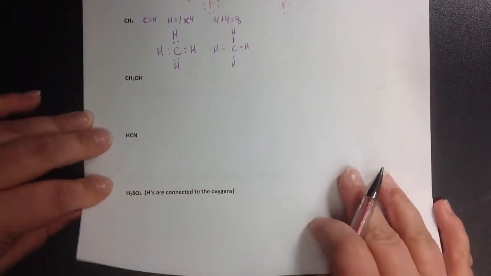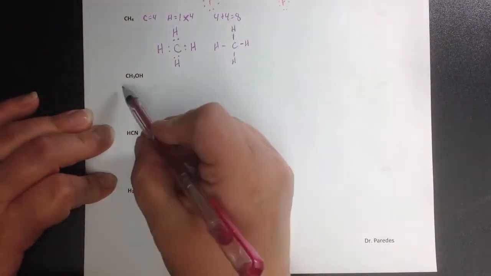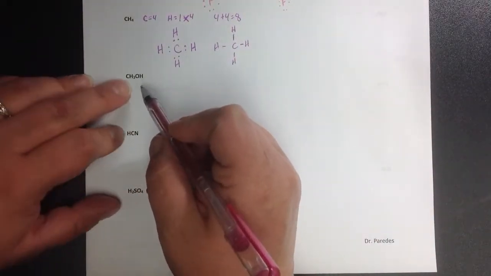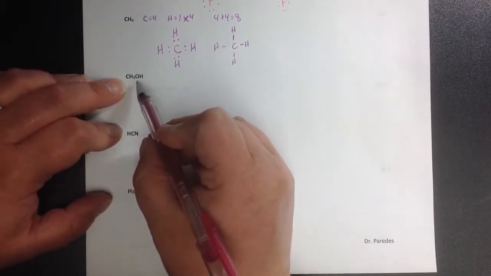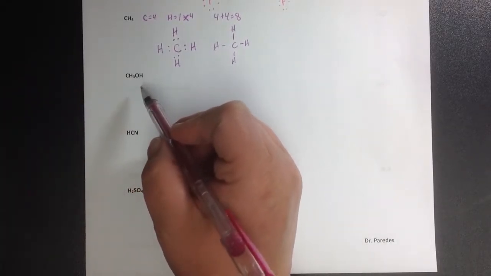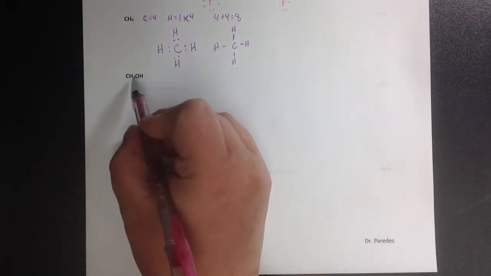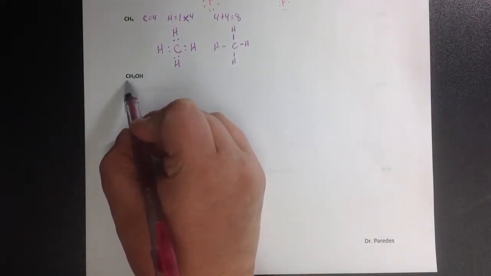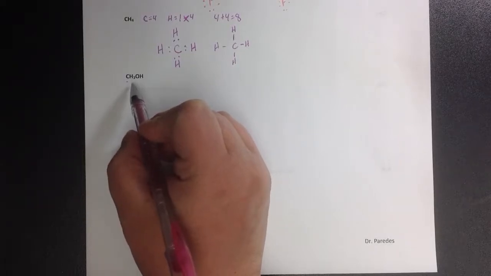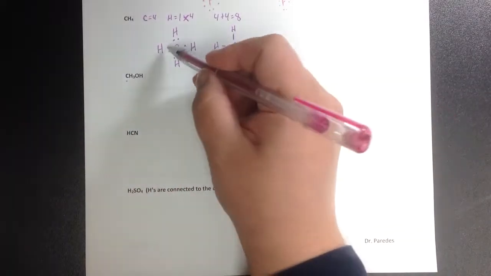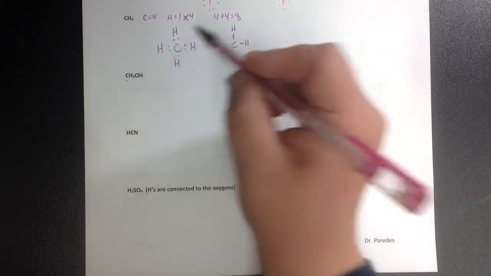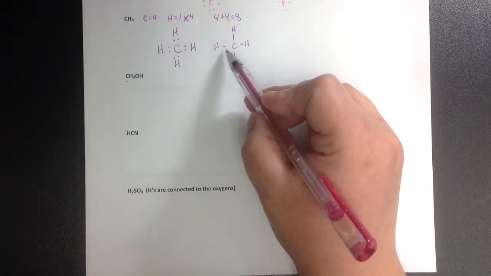Next, let's go down to CH3OH. Now, the way that this is written is trying to tell you something. What it's trying to say is that these 3 hydrogens are associated with that atom. Part of the reason why I know that is hydrogen can only take 2 electrons. What that means is it can only have 1 bond, right?